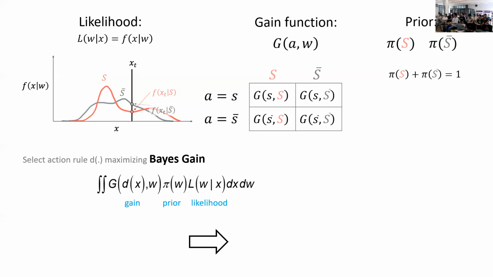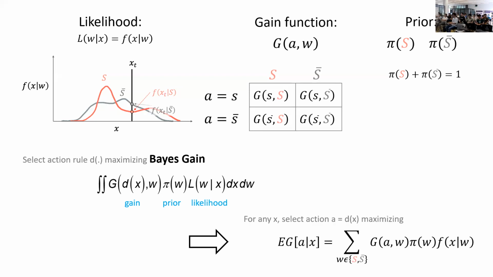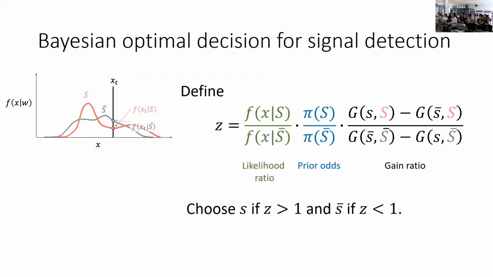An easier way to think about this is for each specific X, you choose the best action, or you choose the action to maximize this. It's quite intuitive.